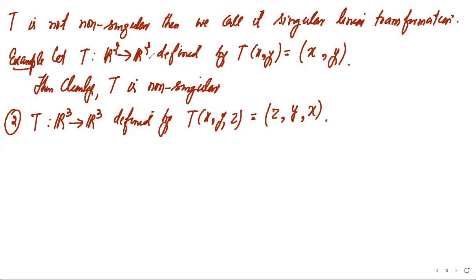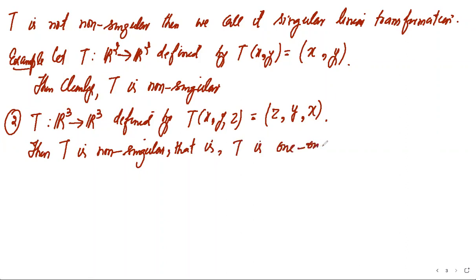What do you think? Non-singular. Exactly. T is non-singular. So T is non-singular means that T is 1-1. Now, is this mapping onto?